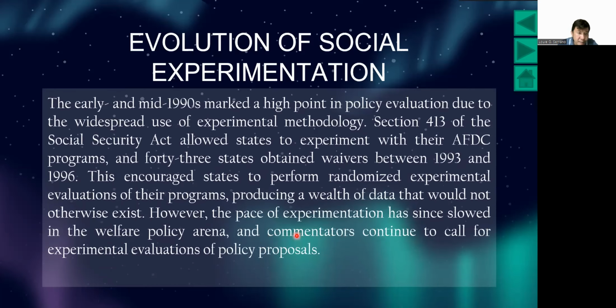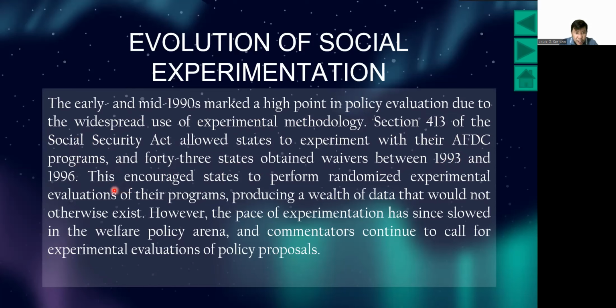So the early and mid-1990s marked a high point in policy evaluation due to the widespread use of experimental methodology. Section 413 of the Social Security Act allowed states to experiment with their AFDC programs, and 43 states obtained waivers between 1993 and 1996.